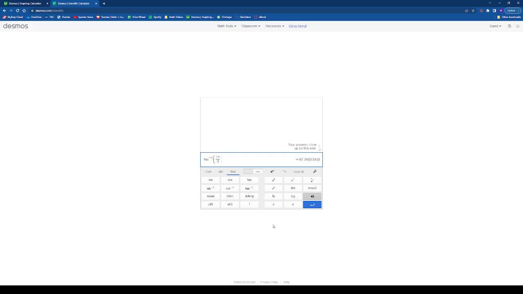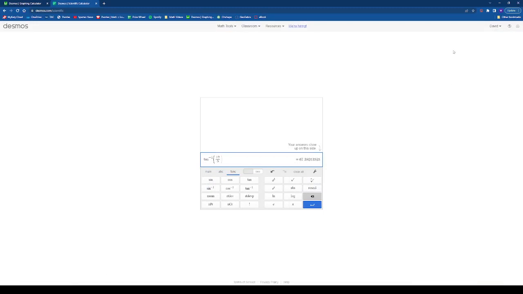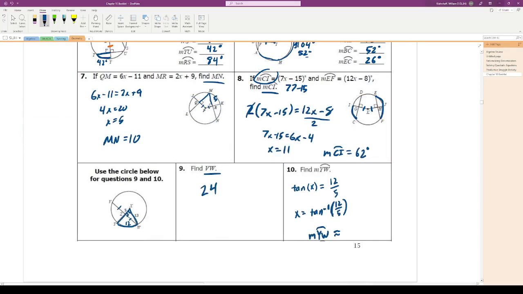So about 67.4 degrees if we wanted a rounded answer for that. So measure of YW is about 67.4 degrees.